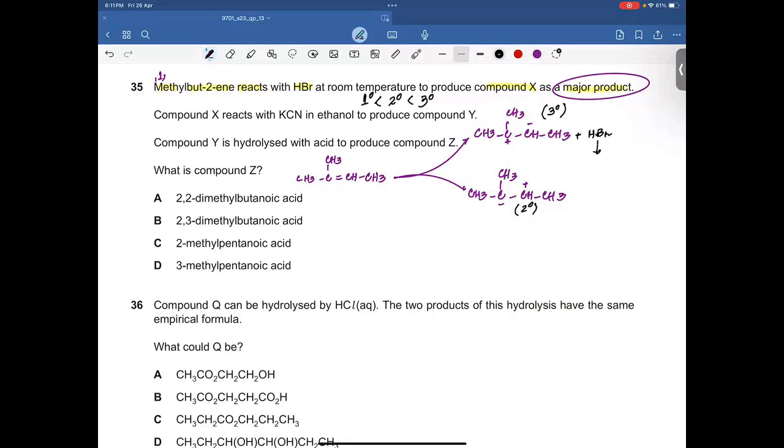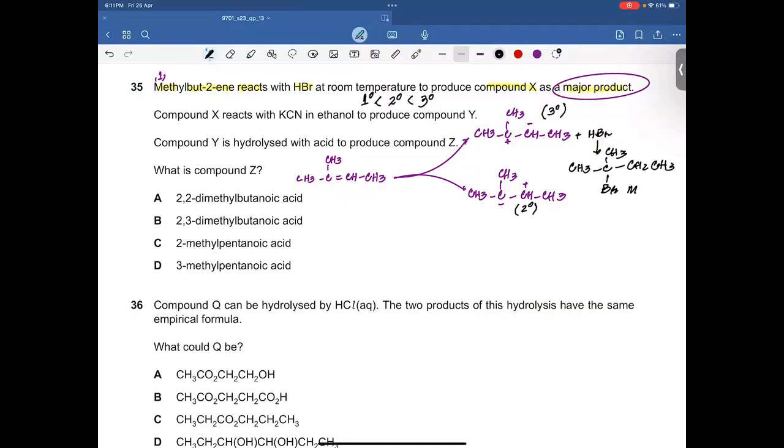So if I use HBr, I'll get the product like this: CH3, C, CH3. Now this CH has a negative charge. Obviously, the electrophile will shift onto this carbon, whereas bromine shifts onto that carbon atom. So bromine is going to be attached here, and hydrogen is shifted onto CH, so it becomes CH2, and this CH3.